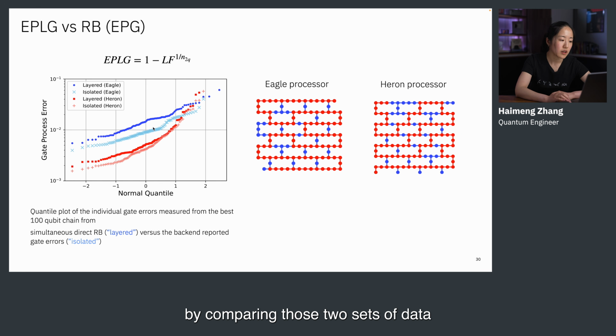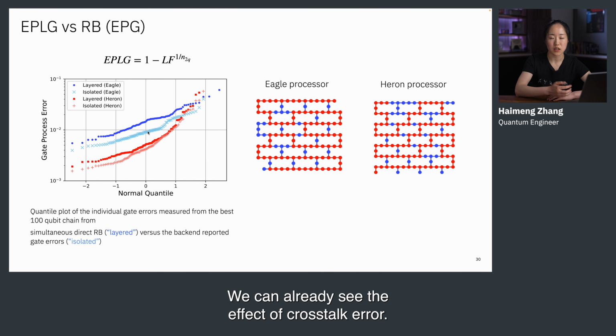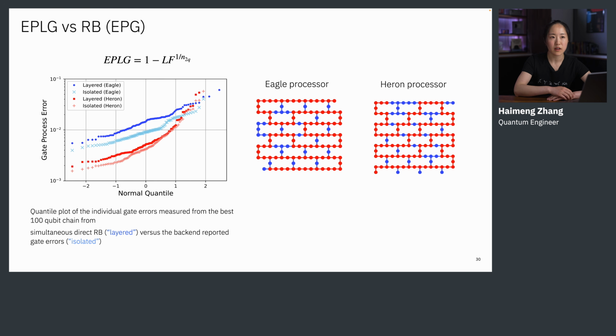By comparing those two sets of data, solid dark blue for layer fidelity experiment and light blue for isolated standard RB experiment, we can already see the effect of crosstalk error.